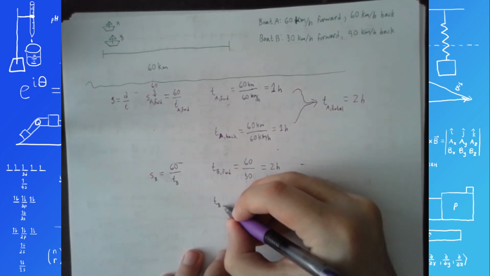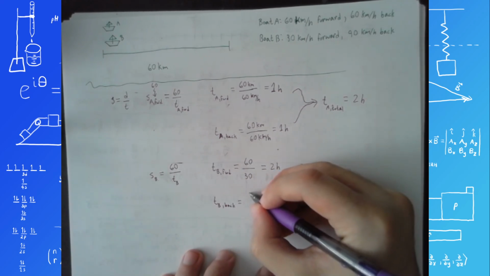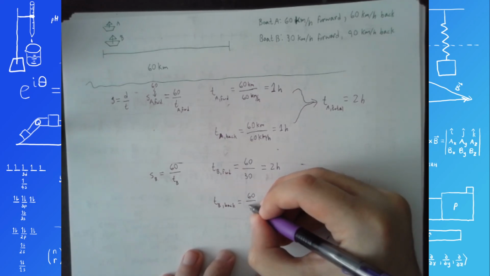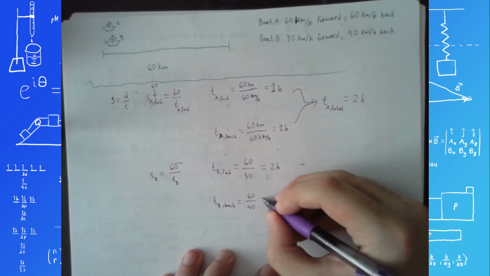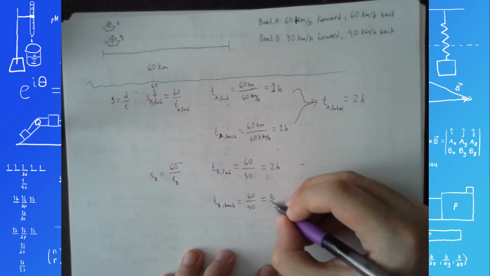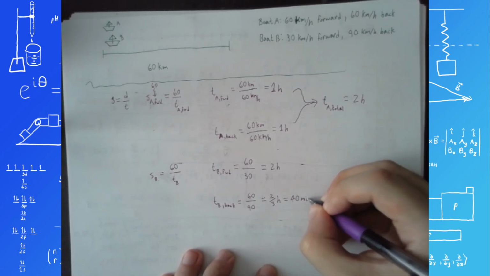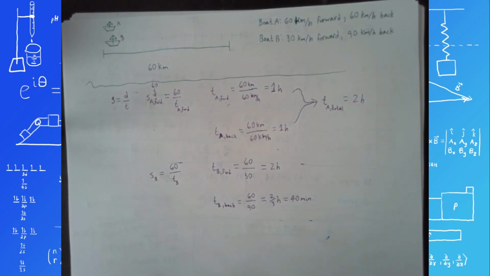TB back equals the distance back is 60 over the speed back is 90 kilometers per hour. 60 over 90 equals 2/3 of an hour, or 40 minutes. So yeah, boat B is late by 40 minutes. It takes 2 hours and 40 minutes to travel the same path that boat A traveled in just 2 hours.